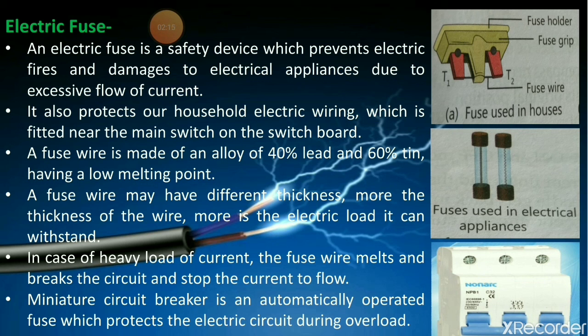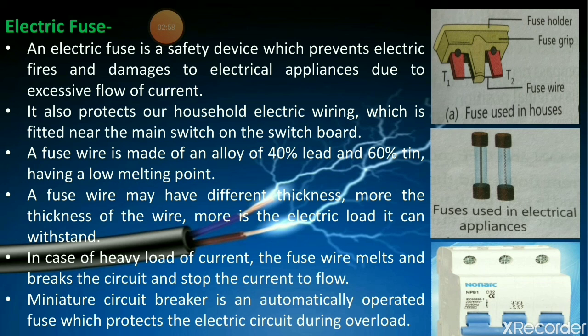This fuse wire is made up of an alloy of 40% lead and 60% tin. Sometimes some fuse wires are made up of an alloy of copper and tin also. Both types of alloy have a very low melting point. So in case of overload, when it gets an extremely large amount of electric current, it will melt and break the circuit.